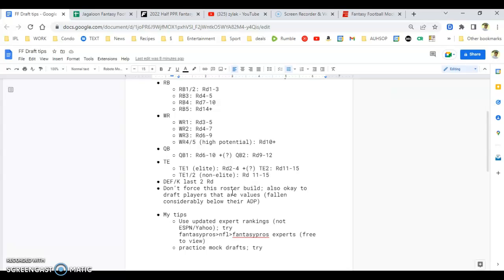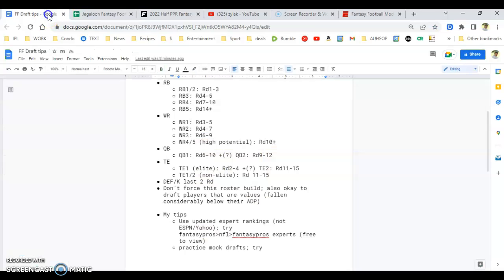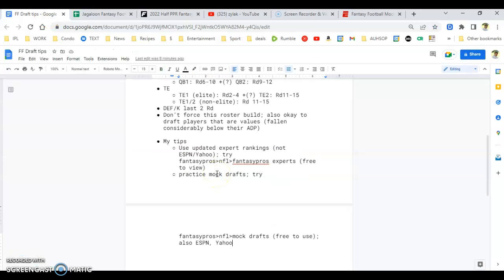So it's okay to take players who have fallen considerably below where they would normally go. Because normally Justin Jefferson is going to go around here and Ja'Marr Chase is going to go around here. And so you're getting them in the first round at a value of like 5 or 6 or 7 places, which is really good. So that's that.